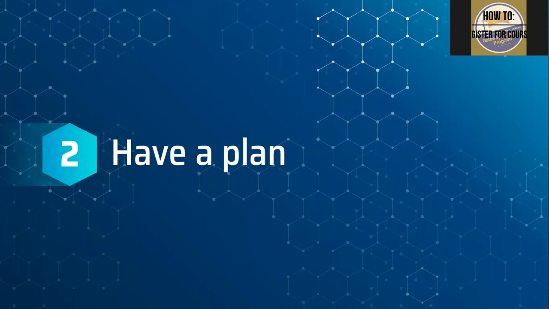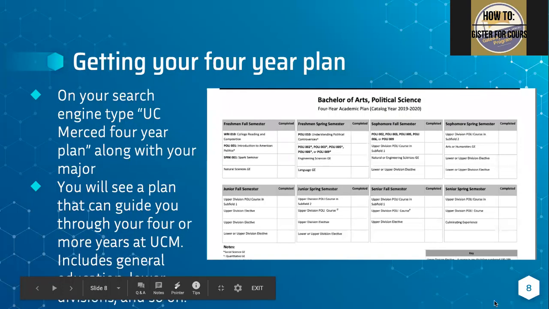So let's go ahead, check out the slides. Thank you to our person in the comment section. So yeah, you will want to get a 4-year plan based on your major. So first is you go on your search engine, type UC Merced 4-year plan along with your major, and you will see a plan that can guide you through your 4 or more years at UC Merced.